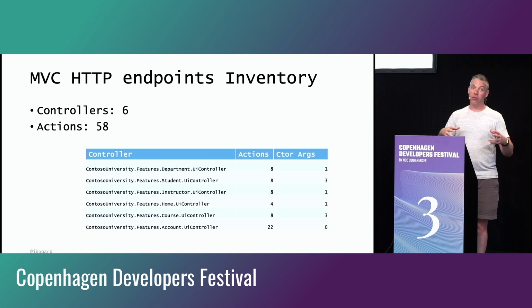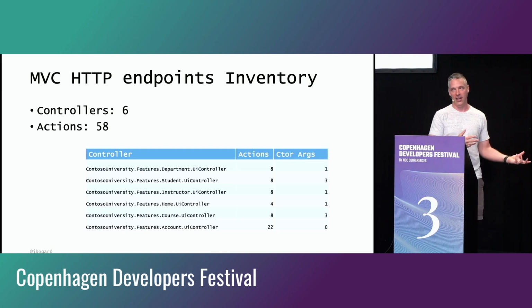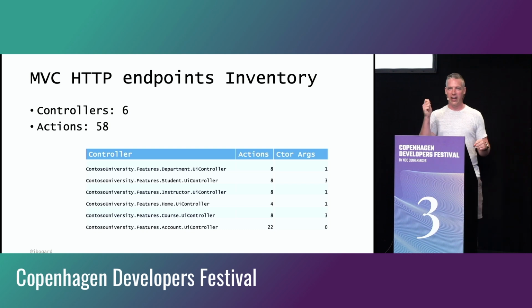Then that would be a pull request that would get integrated and ideally pushed out all the way to production before we moved on to the next one. That was another critical thing we looked at: again, we don't want big bang migrations. As much as possible, we want to migrate in the smallest incremental step we could manage. And so that for us was not the individual HTTP endpoints, like the controller action, but really the entire controller all at once.